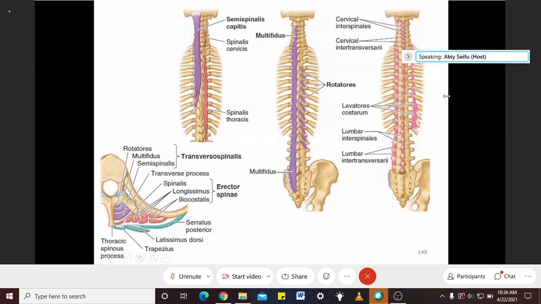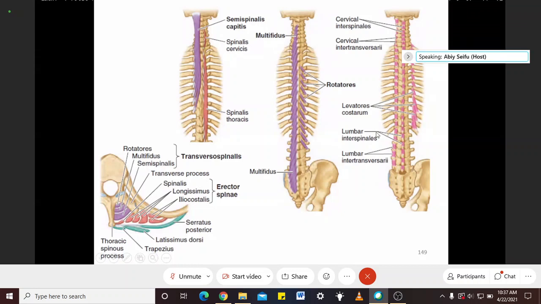There are also other deep minor muscles. For instance, there is the cervical interspinalis muscle, which, as the name tells, runs between spinous processes, and intertransversalis, a muscle that runs between the transverse processes. And levator costarum, which runs from the transverse process to the ribs.